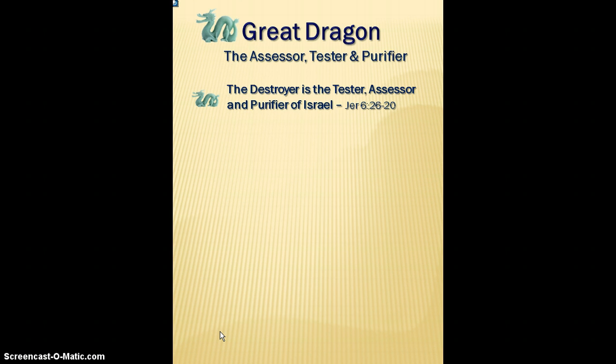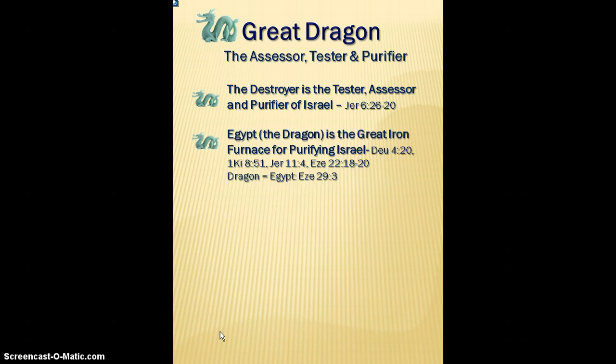But in Jeremiah it says no matter how much that destroyer goes about trying to purify Israel, the wickedness stays inside of it. Another group of scriptures calls the dragon Egypt. And the dragon is the great iron furnace for purifying Israel.